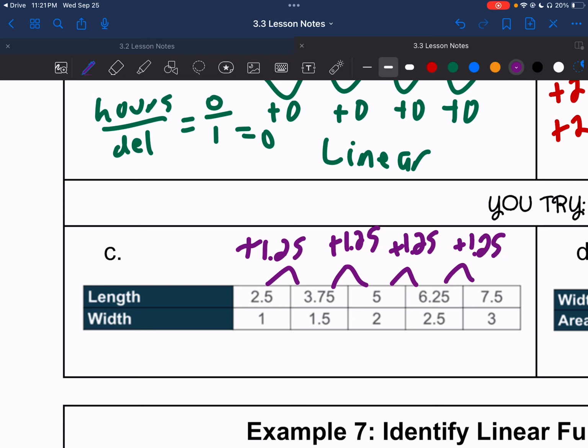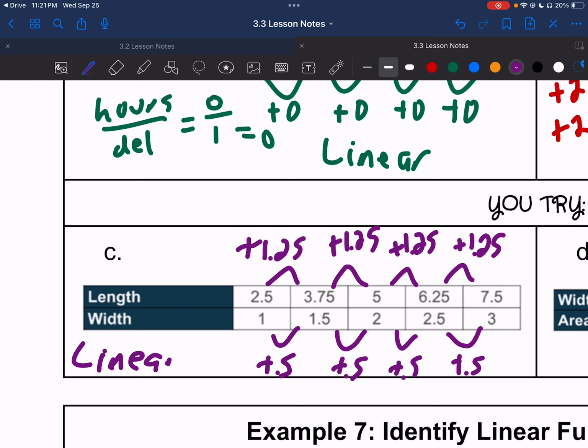And on our y values, our width, we're adding 0.5 to each one. So our rate is still going to remain constant. It's 0.5 over 1.25. So this is linear.